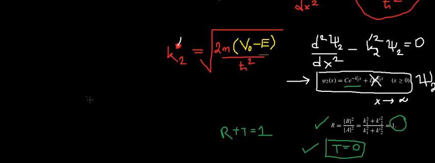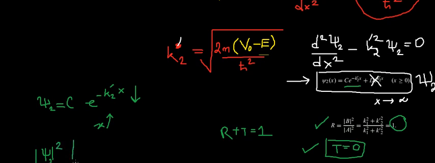It means, why is there e to the power minus k2 dash? Exponentially decaying function means as x increases, the value of psi 2 goes down. If the value of psi 2 goes down, then the probability density to find particles, psi 2 squared, will also go down. So they will enter the region.